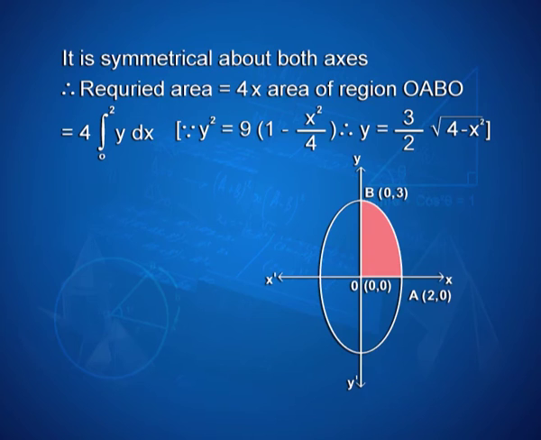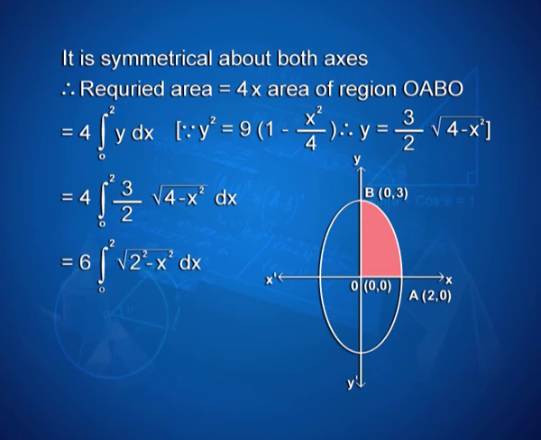On simplifying, we get 4 into integral 0 to 2 3 upon 2 into square root of 4 minus x square dx is equal to 6 into integral 0 to 2 square root of 2 square minus x square dx.